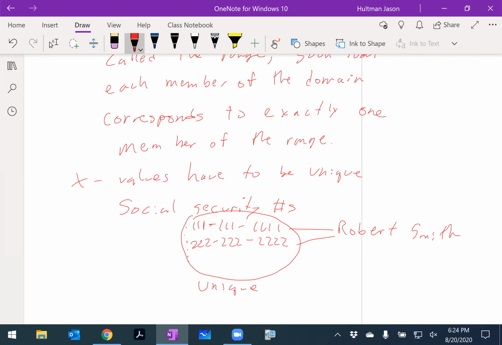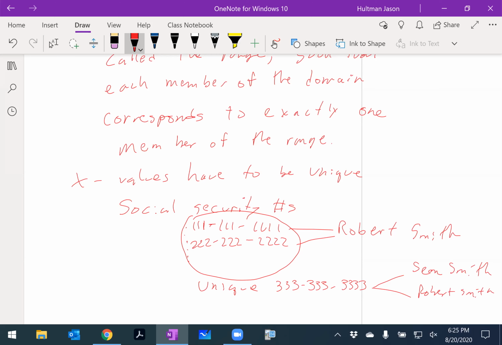Okay, does that make sense? The input values are unique. You can't have a social security number like 333-333-3333 map to two different people, Sean Smith and Robert Smith. That doesn't work.